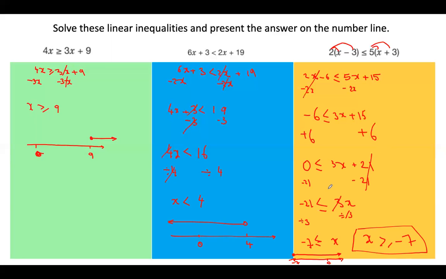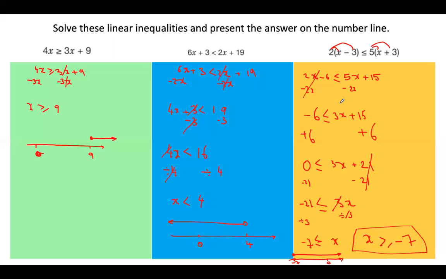Now, when you solve inequalities like that, as you see, the route is exactly the same. The route that I followed is I usually get rid of the smallest number of x's and the smallest loose number as a strategy for everyone to remember what to do, because sometimes you might get a little bit confused about what to do now.